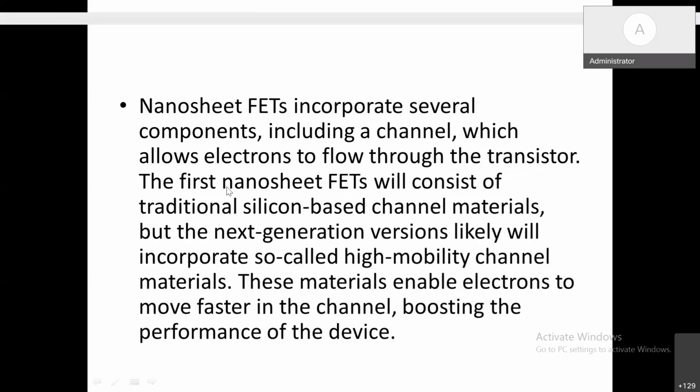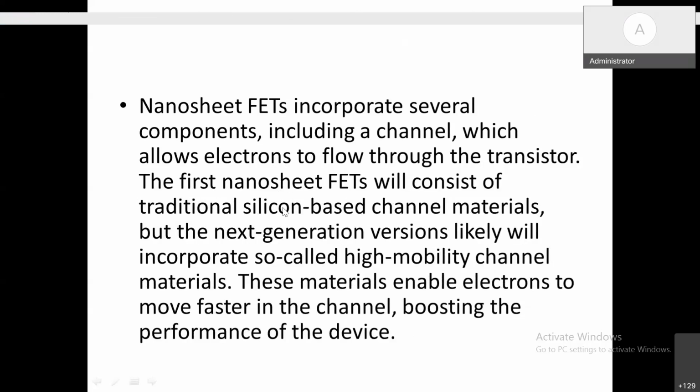What is a nanosheet? The first nanosheets will consist of traditional silicon-based channel materials, with silicon sheets arranged one after the other. The stacks of silicon sheets arranged one after the other is what we call a nanosheet.